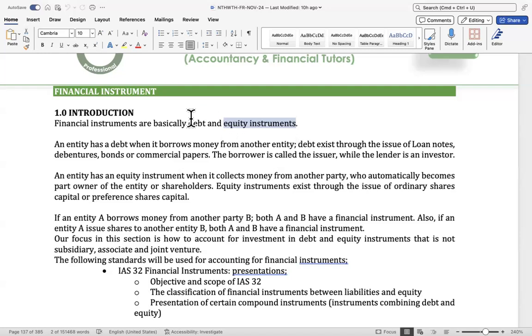When I say debt, if I want to raise money through debt, I hope you all know that what that means is that I want to borrow money, which means I will definitely have to pay back that money at some future date, of course. But if I raise money through equity, I won't have to pay back that money, just that I have to give them dividend if I make profit.